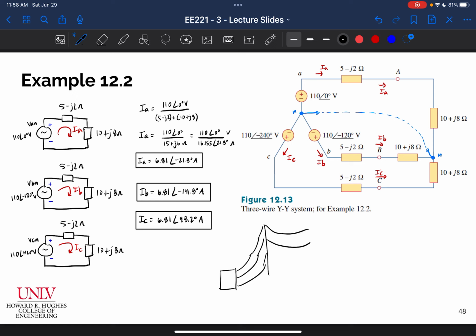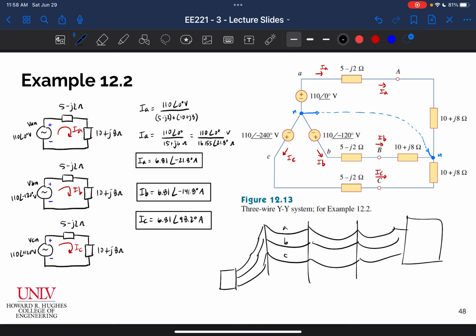These signals get transmitted to maybe your house, or some industrial place that needs three phases, phase A, B, and C. Inside the factory, that's where your three-phase load is going to be, something that looks like this, where this is the neutral, right?